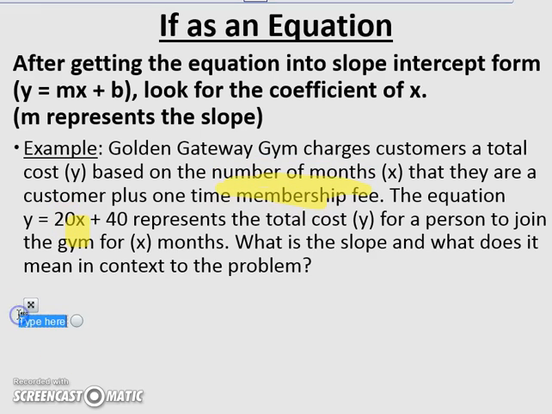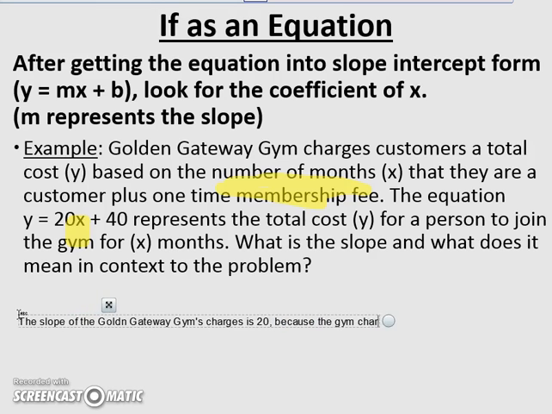So our slope of the Golden Gate Gym's charges is 20 because the gym charges $20 per month.